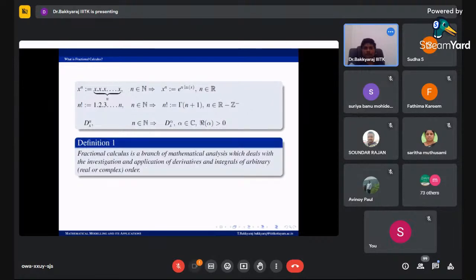Why is it called fractional? Because L'Hospital asked the question with n equal to half, so that is why it is called fractional. But it is a calculus of non-integer order, dealing with fractional integrals and derivatives of non-integer order.